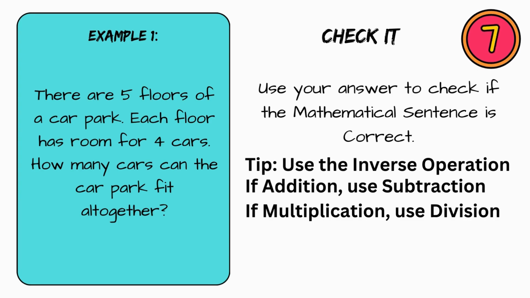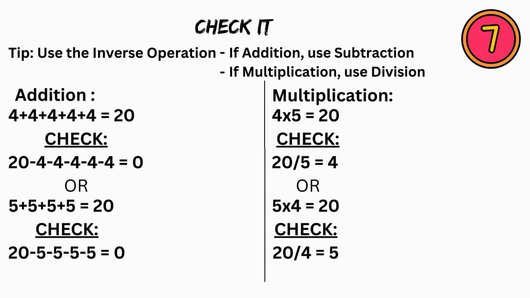In this case, with example 1, we had addition or multiplication. So if we used addition, we're going to use subtraction to check. If we did multiplication, we're going to do division to check. And luckily, I've done it for us. So check it. I have the tips. It's there on the screen.